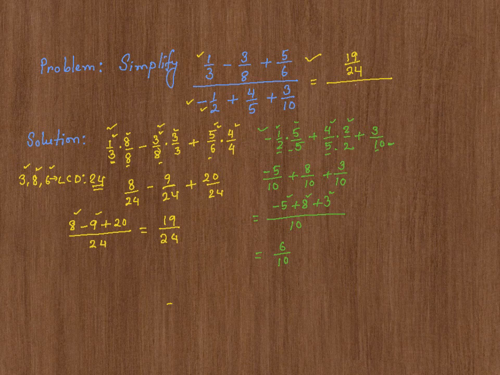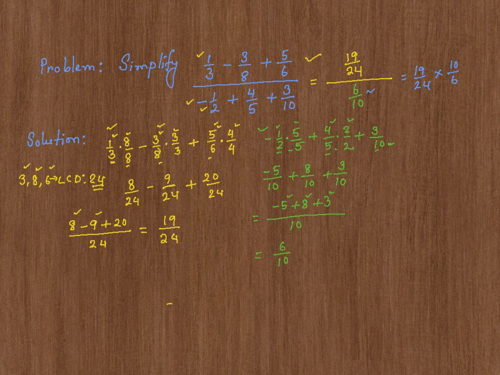So this is going to be 6 over 10. Now I am dividing one fraction by another, so what I can do is the following. This is going to be 19 over 24 times, now this number in the denominator is going to flip, it's going to be 10 over 6.